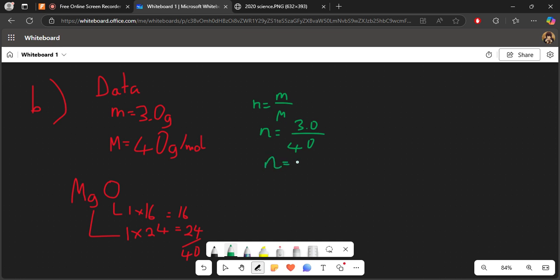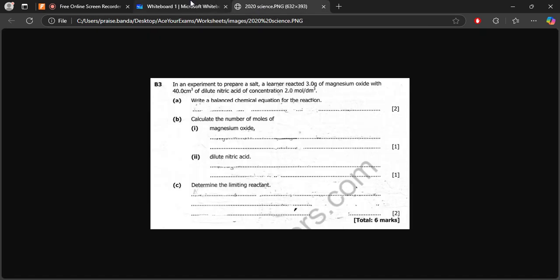Number of moles is 3.0 divided by 40, which is 0.075 moles of magnesium oxide. And that's our solution to B1.